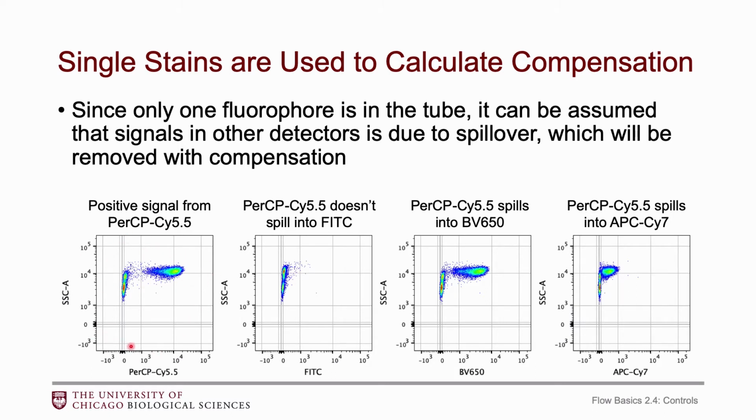It captures the largest percentage of the emission spectra. We see a nice population here. And then I have 3 other detectors, and because we know that we only put 1 fluorophore in the tube, we can see that PerCP-Cy5.5 does not spill into the FITC detector, but it spills into these other 2 detectors. Therefore, calculating the compensation will remove this spillover.